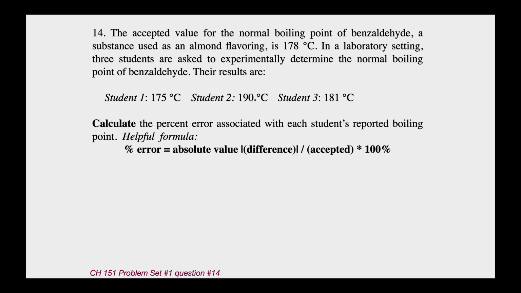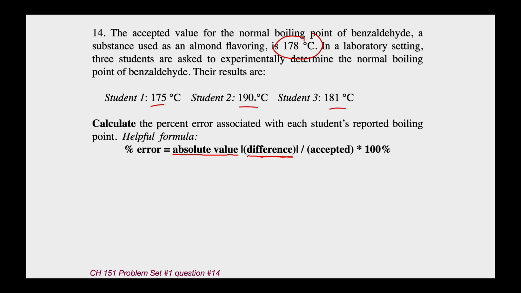Now let's look at this formula real fast. Absolute value means if there's a negative number, make it positive. That's all it means. And you're taking the absolute value of the difference between the actual number, 178, and the experimental numbers, those three numbers right there.